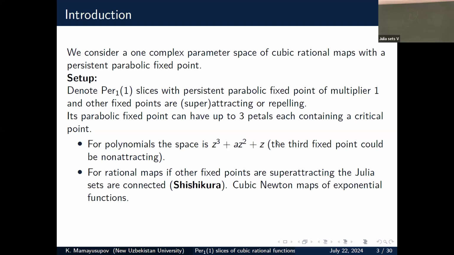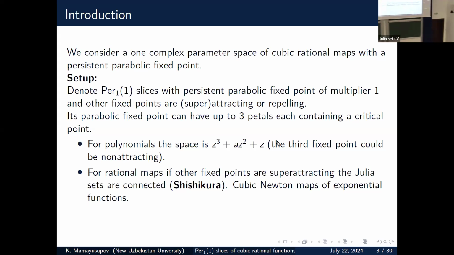So for rational maps, you have another 2 fixed points. And if you want to have them, you need a slice. Then you should control the other fixed points. If you suppose that other fixed points are attracting, you can do a little surgery and make them super attracting. Then immediately your Julia sets will be connected by Shishikura's result.